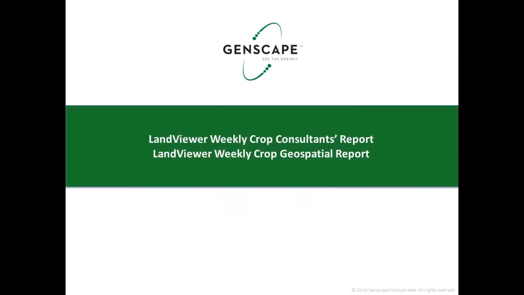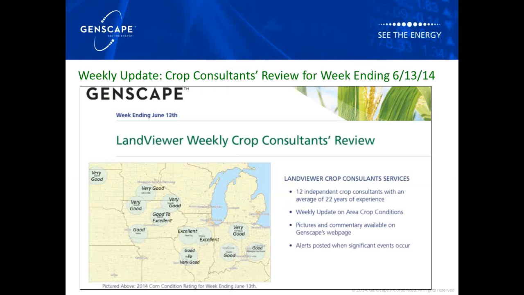Here's an example of last week's weekly crop consultant report. We have a dozen crop consultants that are spread throughout the Corn Belt. Each of those blue circles in that map is a 50-mile radius around a crop consultant's hometown where they live.